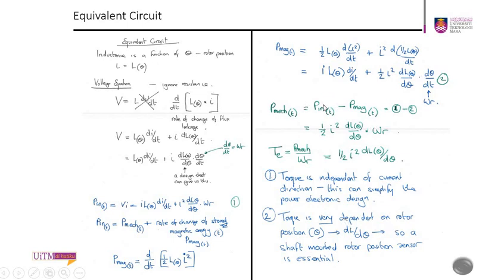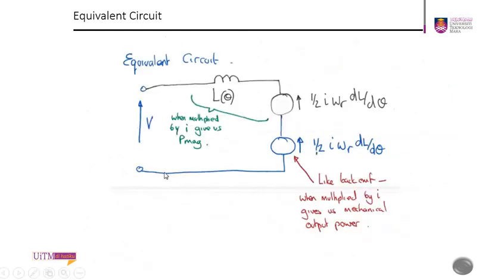So from this information, we can draw our equivalent circuit, okay. It's just simple, you have your input, you have your L, and you have your power here. This is for P mech, and this is for back EMF. So the back EMF, when we multiply with I, we'll get the mechanical output power, okay.